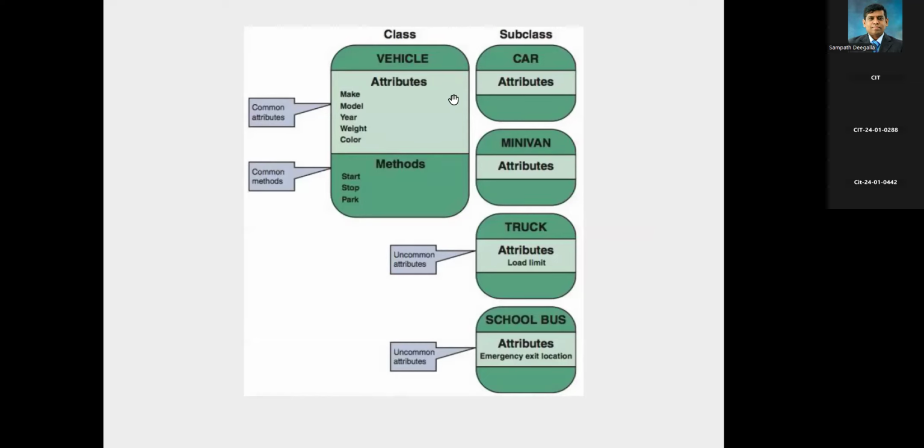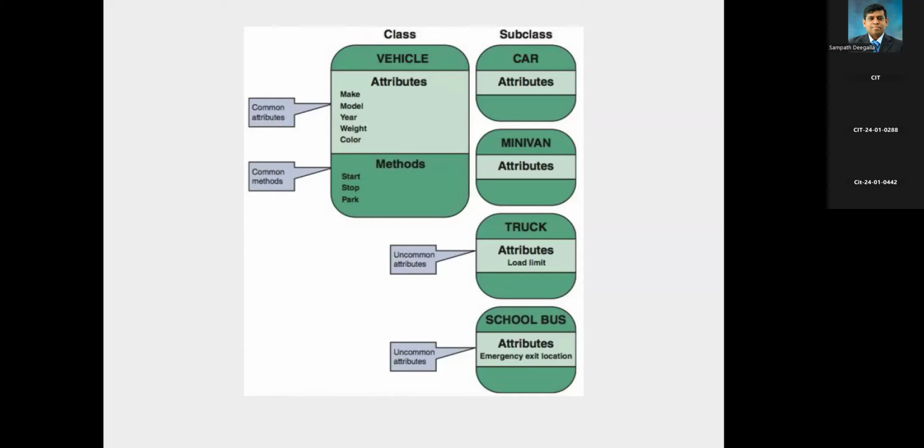Here we have a class, and as we have seen earlier, it has three parts: a name, a set of attributes, and a set of methods.